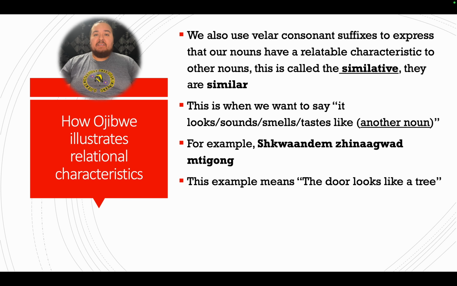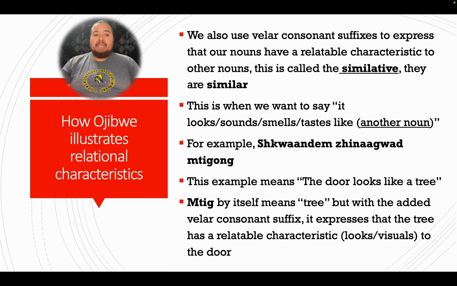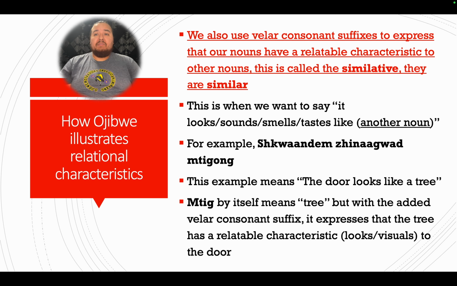This example means the door looks like a tree. Mtig by itself means tree, but with the added velar consonant suffix, it expresses that the tree has relatable characteristic, looks or visuals, to the door. And so here I've indicated the point to write down for your notes. Please pause the video here and record these in your notes. All right, let's move on.